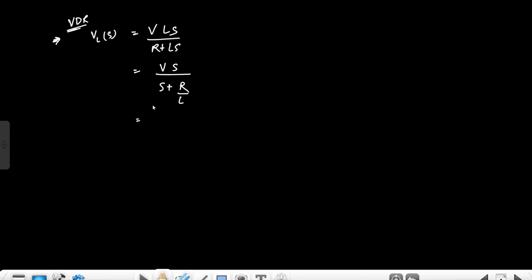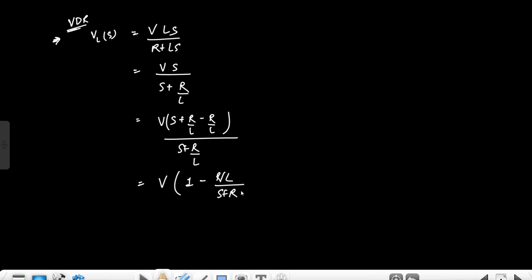Now for having the time domain expression, first of all, we have to adjust this numerator, adding this R by L and subtracting this R by L, right? And here this will be s plus R by L. So it will be then 1 minus R by L upon s plus R by L. So this is the VL(s).